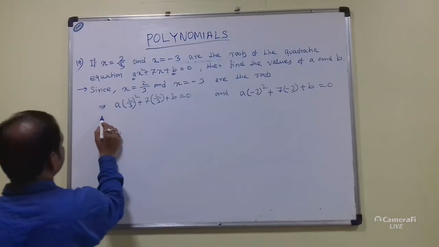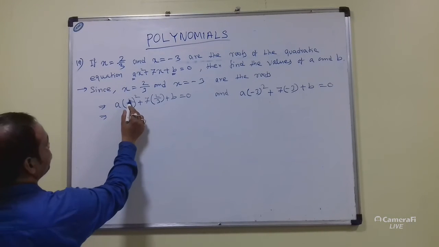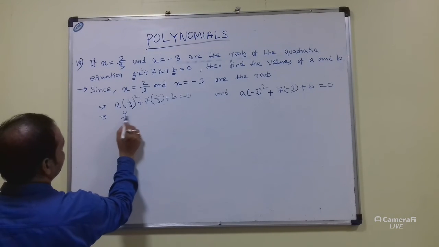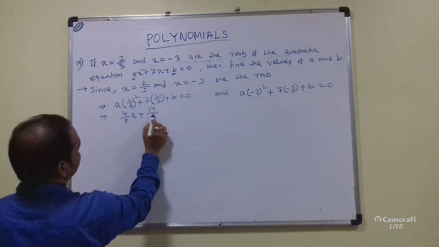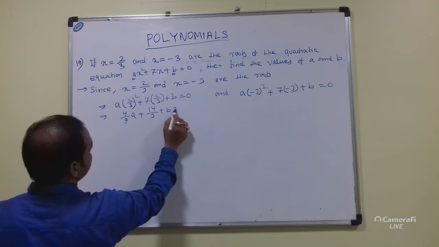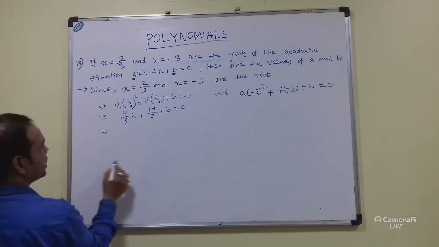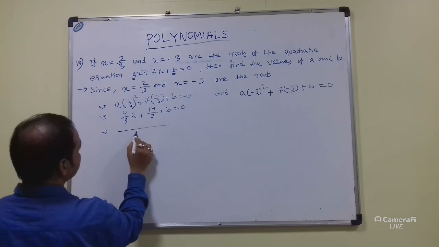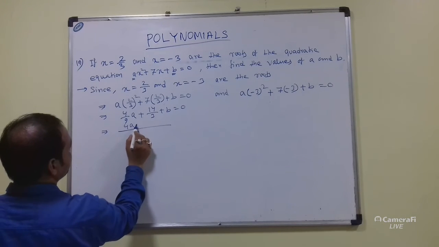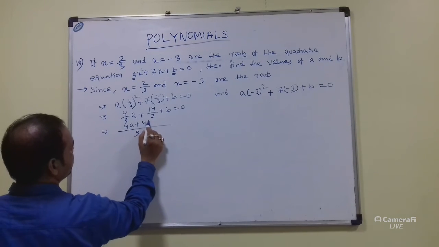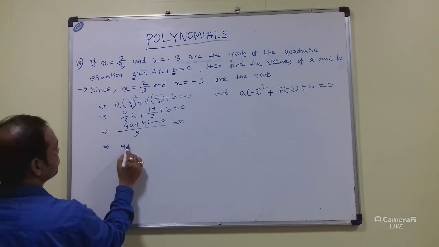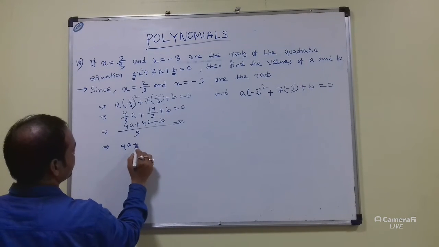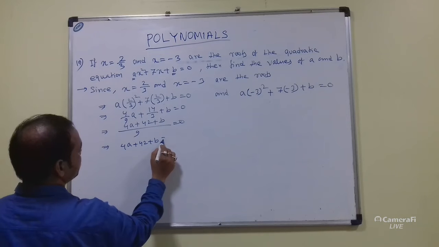Now solve it. So it will be 4 by 9 a plus 14 by 3 plus b is equal to 0. So this implies, now find the LCM, it will be 4a plus 42 plus b is equal to 0.